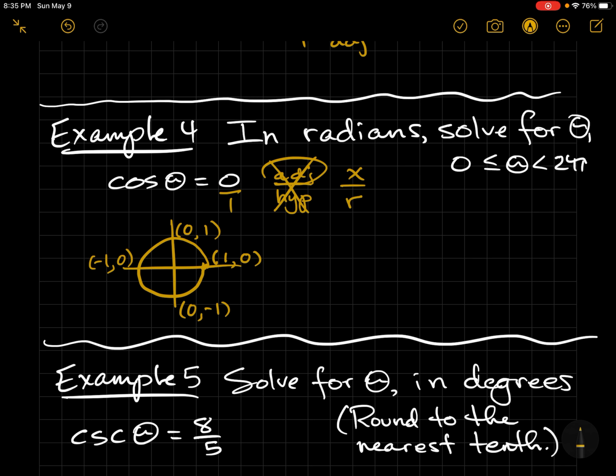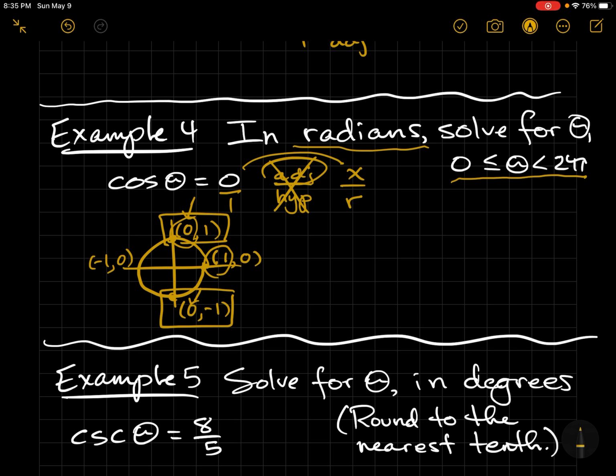So cosine is x over r. If I want to get 0, that means I need the x coordinate to equal 0. The x coordinate equals 0 here, and the x coordinate equals 0 here. So I have two solutions, either 90 degrees or 270 degrees.